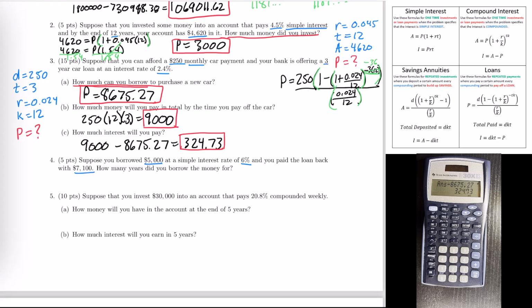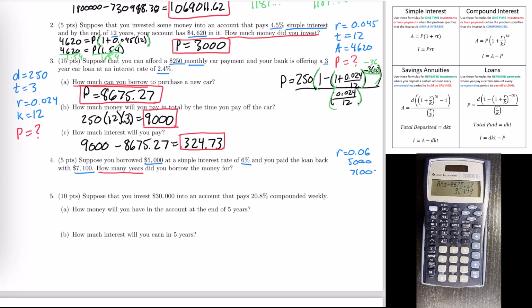The question is how many years did you borrow the money for? Okay, so as we go through and identify our variables, the easy variables to identify are that the interest rate is 6%, and the numbers 5,000 and 7,100 need to be identified.